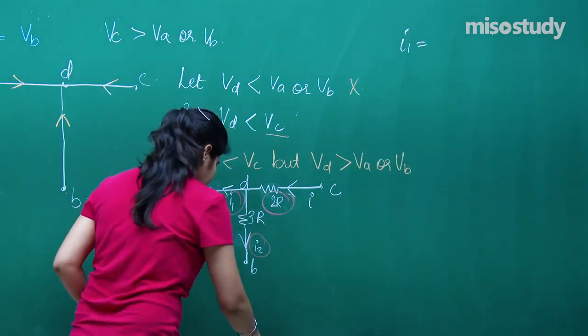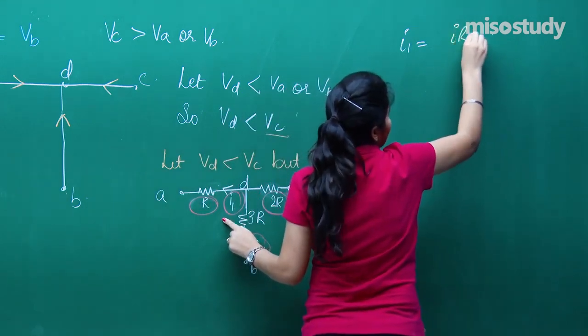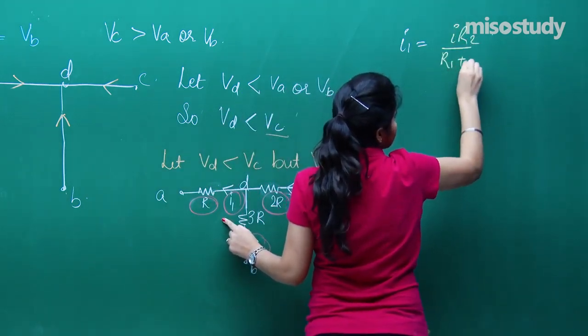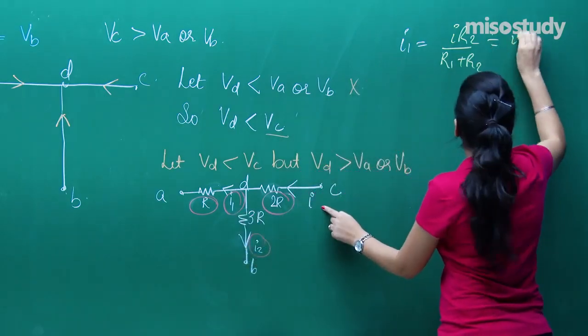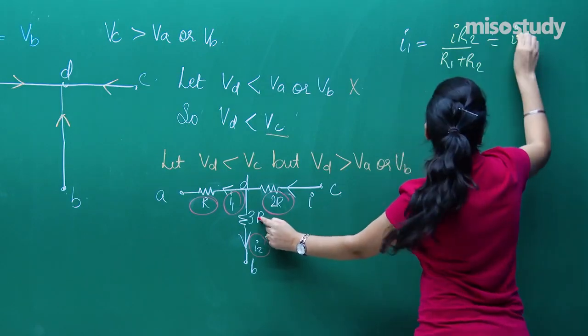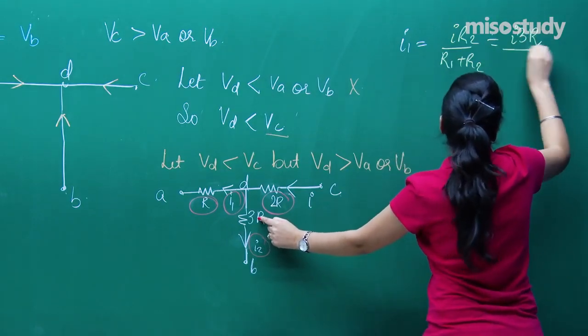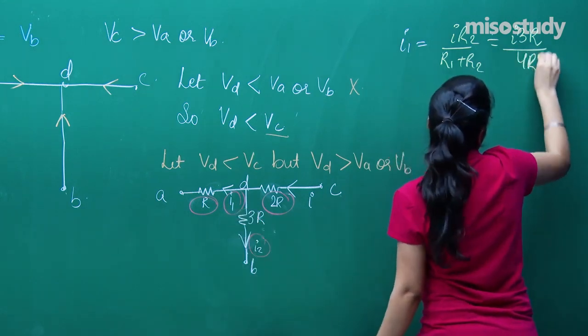Now I1 will be I into R2 upon R1 plus R2. So that means total I into R2. R2 is 3R, 3R divided by R1 plus R2, 3R plus R, that is 4R.